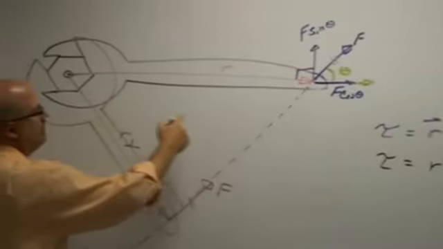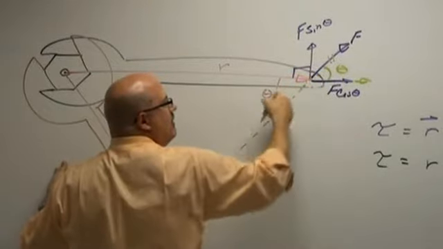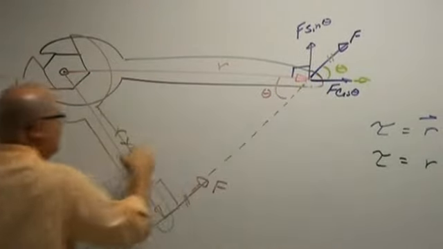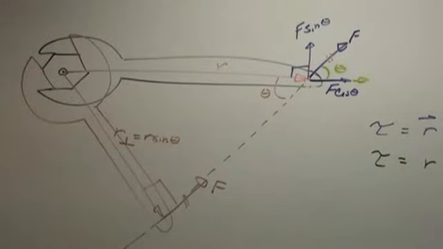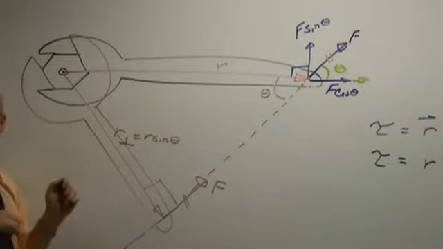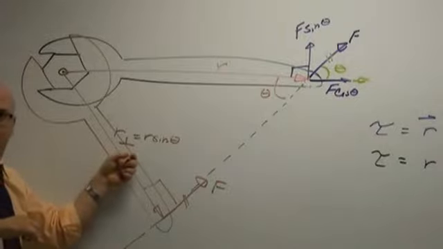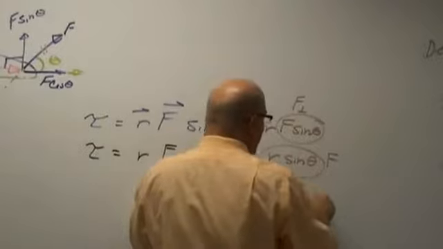Look, here's theta here, and theta here, vertical angles. So this right here would be R sine theta. It's the effective radius, or maximum, the radius perpendicular to the line of action of the force, also called the lever arm. So this is the perpendicular radius.